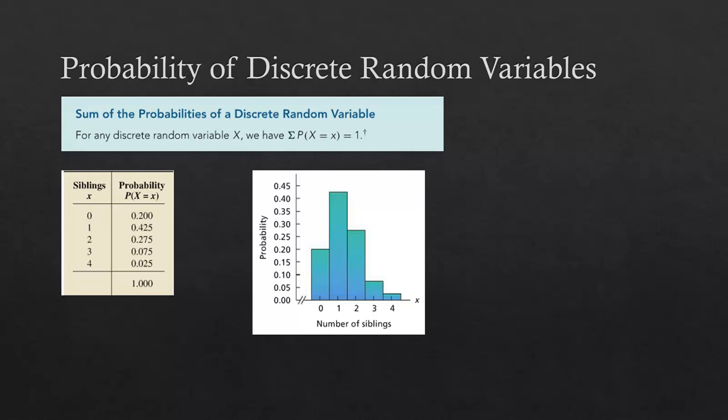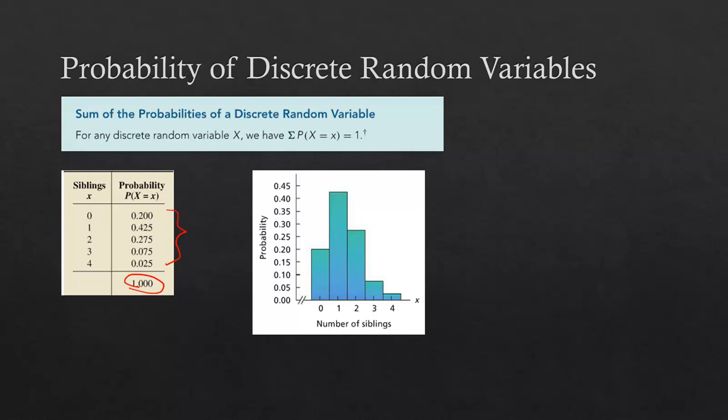Alright, so notice what it says here. If each of these bars represents the probability, then the sum of all those bars should give you 1. That should make sense to you. If you have all the probabilities here and you add them up, you should get 1.